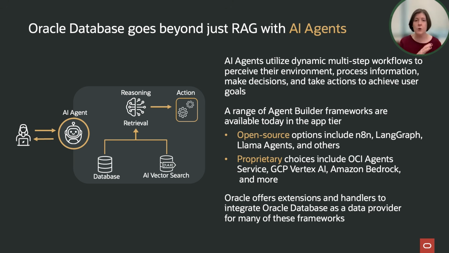Now, typically you build agents using frameworks today, whether you want to leverage open source frameworks like LangGraph, or you're using a proprietary choice such as Oracle's OCI agent service or Amazon Bedrock. Whatever framework you choose to use to build your agents, Oracle offers extensions and handlers to help integrate the database as a data provider and a vector search engine to those frameworks.